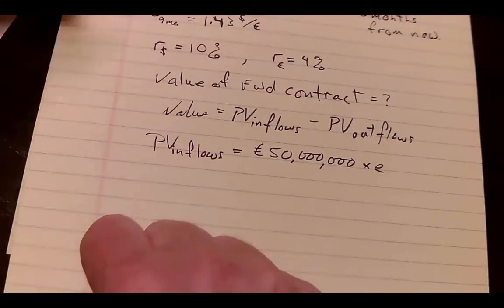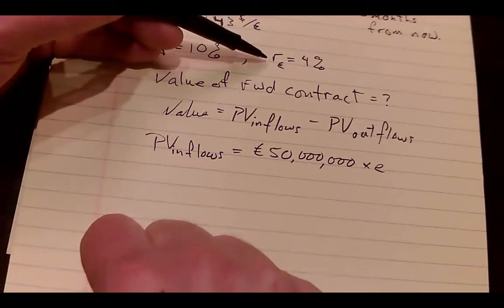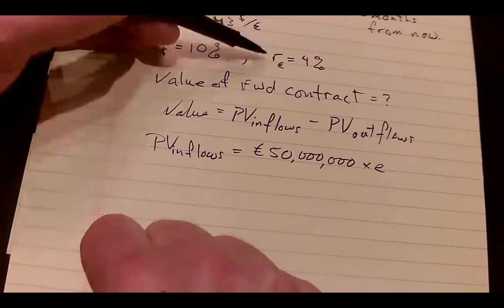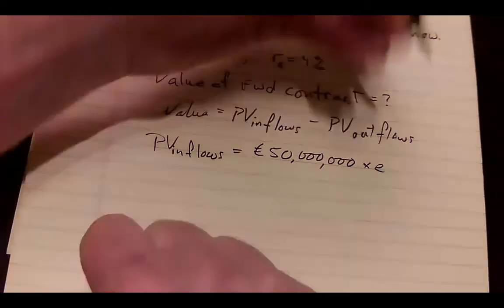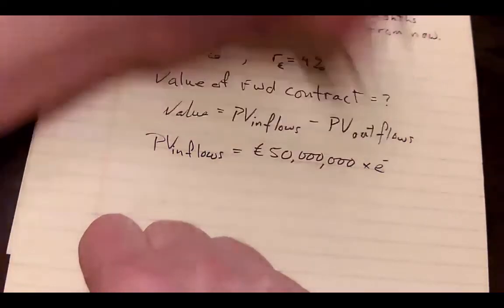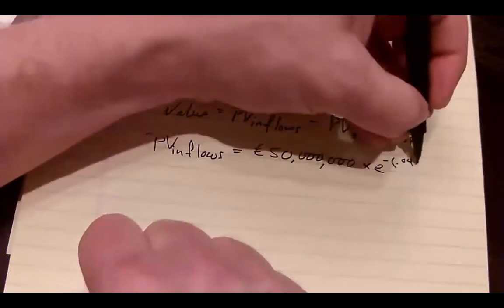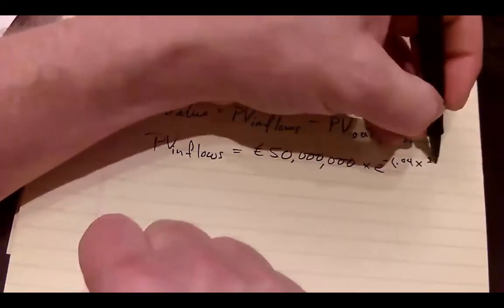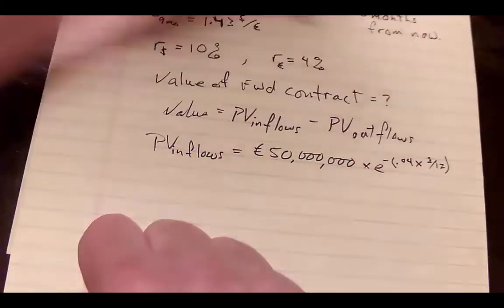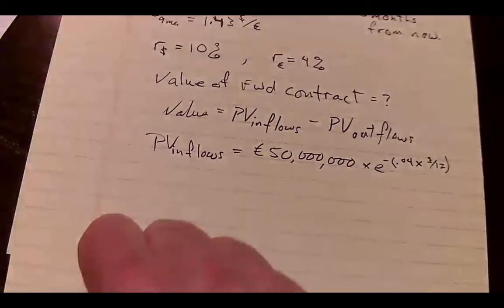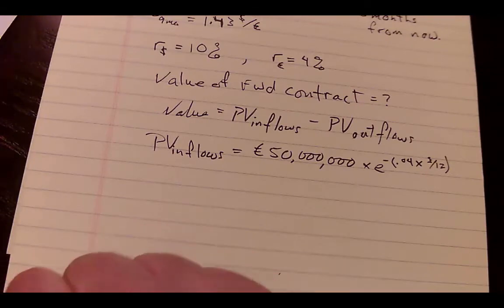The interest rate for euros is 4%, so 0.04 times t, which is 3/12 of a year. That's e to the minus rt, which hopefully you're familiar with.